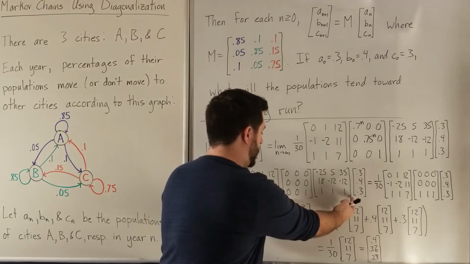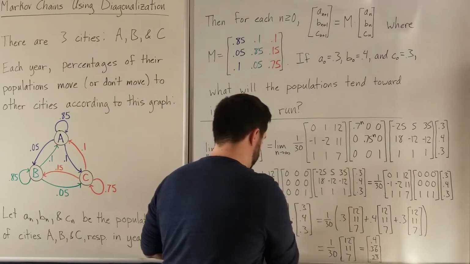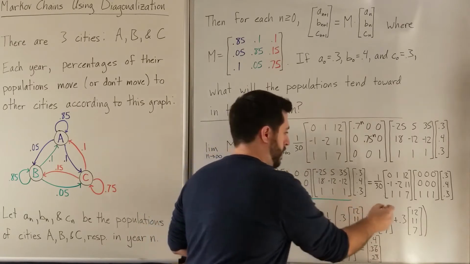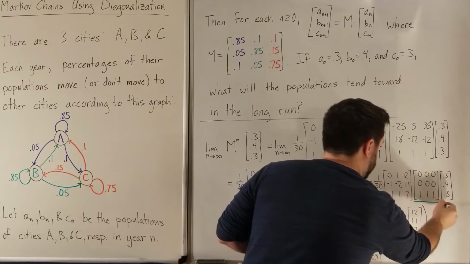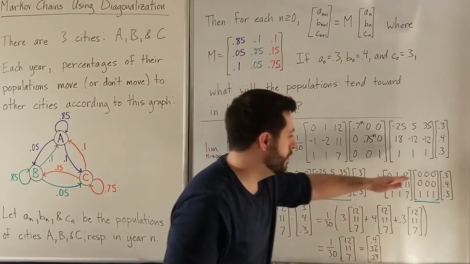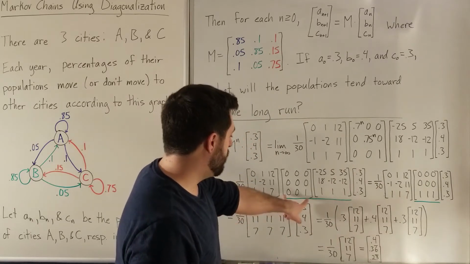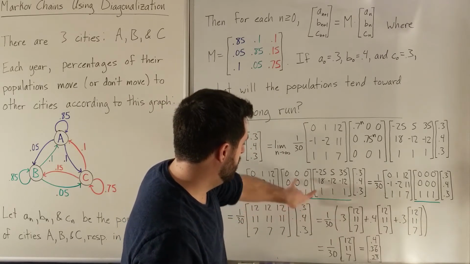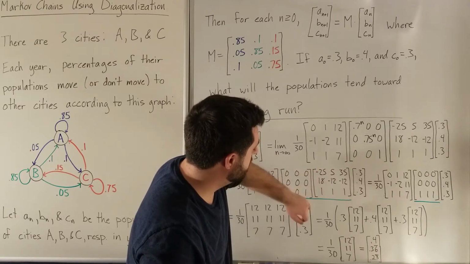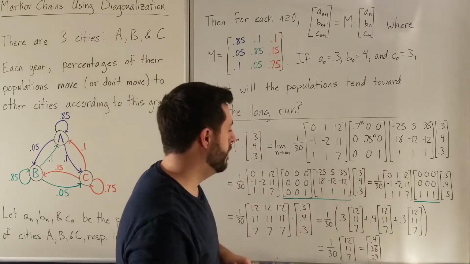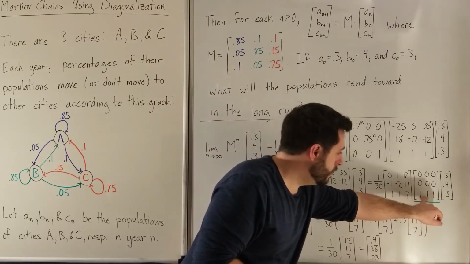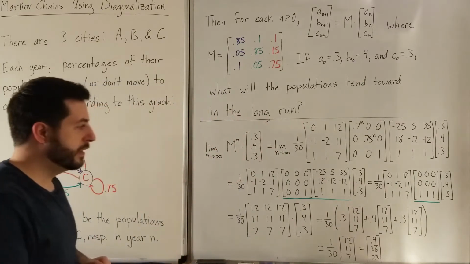So the result of multiplying these two together is going to be this right here. It gives nothing in the first two rows, and in the third row it's just 0 times negative 25 plus 0 times 18 plus 1 times 1. So we get this 1, 1, 1 here. That's fairly simple.